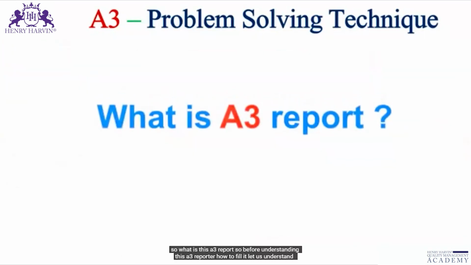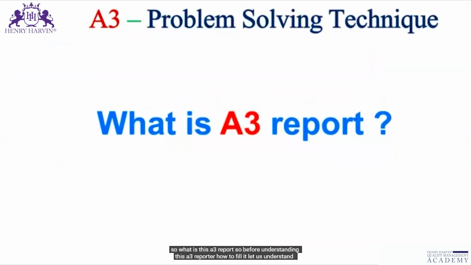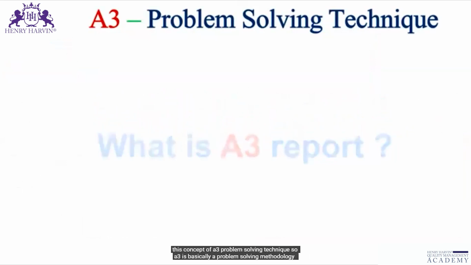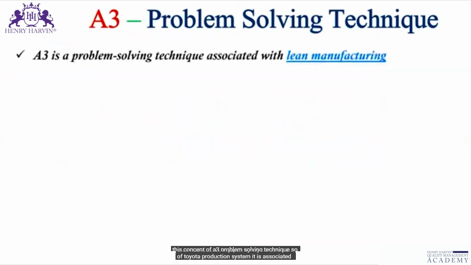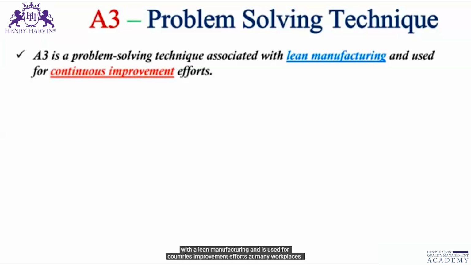So what is this A3 report? Before understanding this A3 report and how to fill it, let us understand this concept of A3 problem solving technique. A3 is basically a problem solving methodology that was created in Japan by Toyota as a part of the Toyota production system. It is associated with lean manufacturing and is used for continuous improvement efforts at many workplaces.